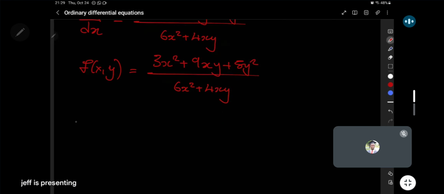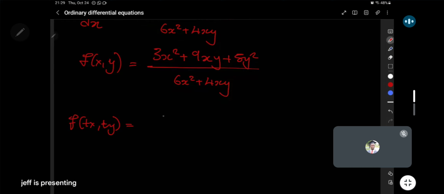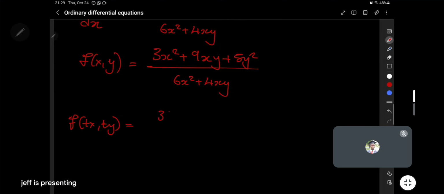And we can now check what f of tx comma ty would be. So where there's x, we'll put tx. This has to be squared. Here, we'll put tx. Now we see y, so where there's y, we'll put ty.